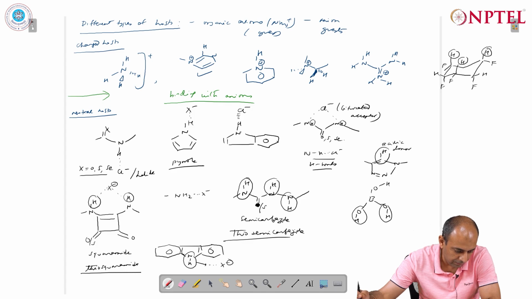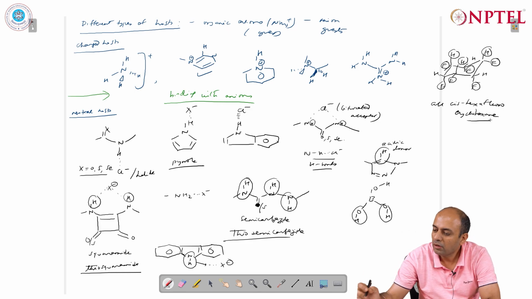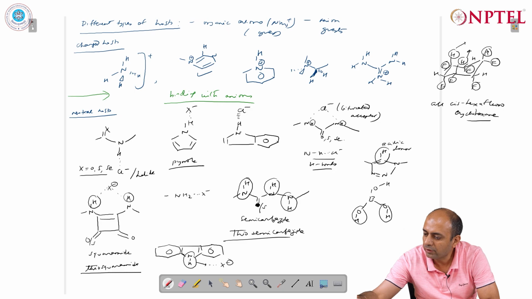So we have the hexafluoro 1, 2, 3, 4, 5, 6. This is the all cis hexafluorocyclohexane. Now you see these are highly acidic hydrogens because of the strong electron withdrawing minus I effect of fluorine. These hydrogens become acidic, and therefore they can function as good hosts for binding of anions.